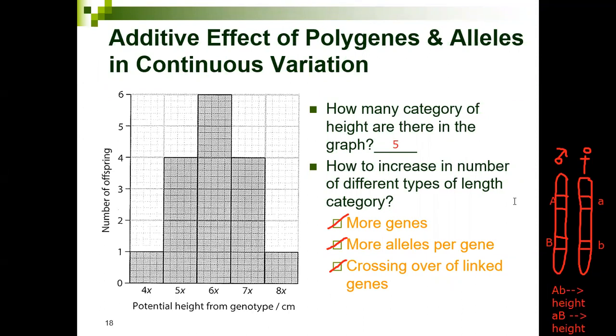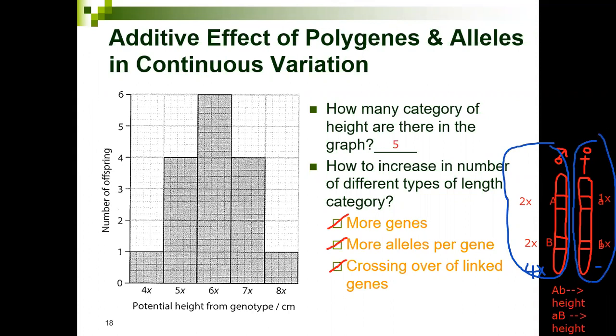Why? Let's say, for example, the dominant allele gives you 2x, very easy, and the recessive gives you 1x. Originally, if there's no crossing over, any gamete that receives this chromosome will express 2x plus 2x is 4x, right? And any gamete that receives this chromosome will express 1x plus 1x equals 2x.